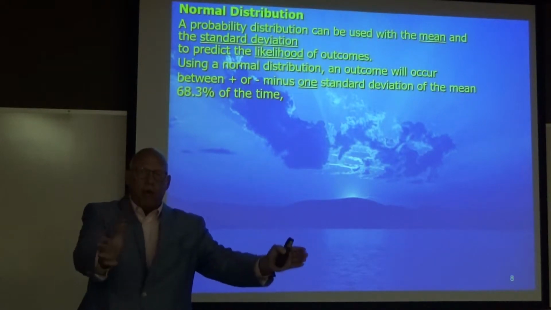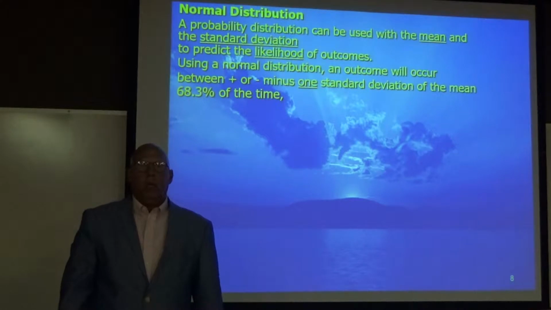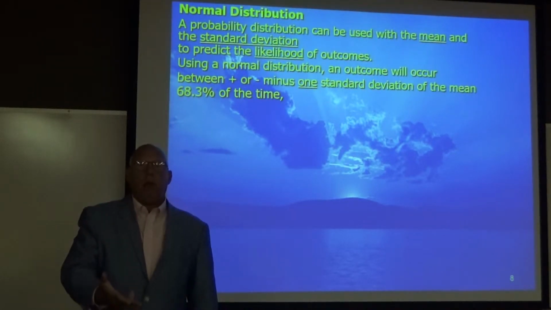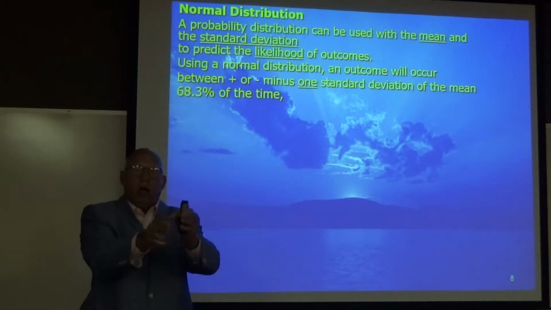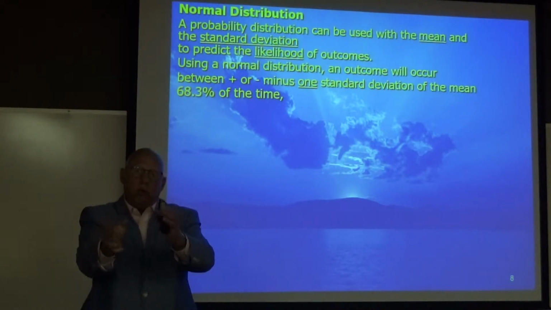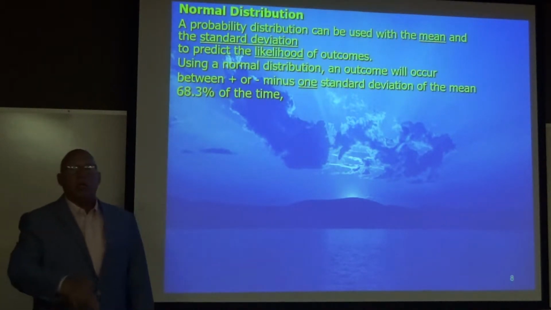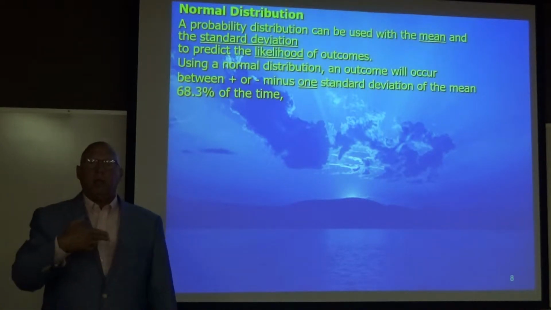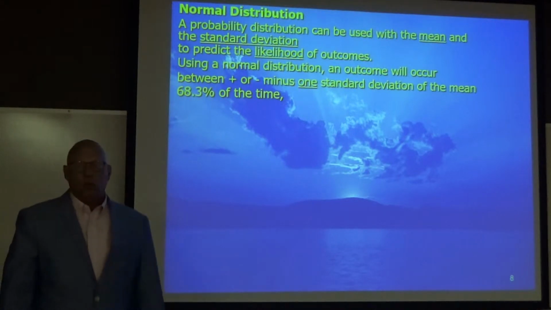That area in between, 68% of the time, an outcome will likely happen. 68% of the time it will fall into that area between plus one standard deviation and minus one standard deviation of the mean. Particularly as your sample size grows, your confidence level in your likelihood grows as well.